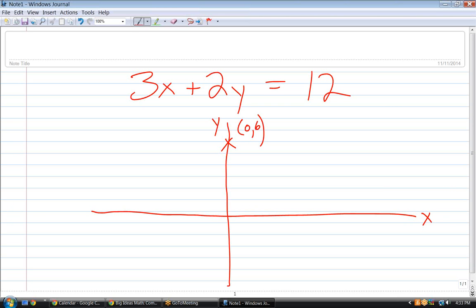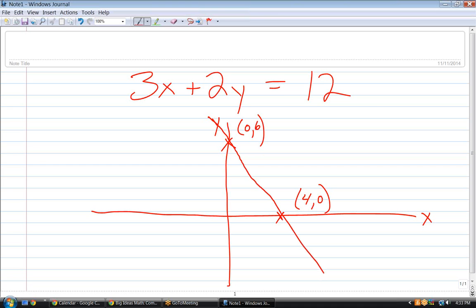Okay. So that'd be x equals 4. Sorry, yeah, 4, 0. So those 2 points are on the graph, and that's all you need to determine the graph. Notice we never had to solve for slope.